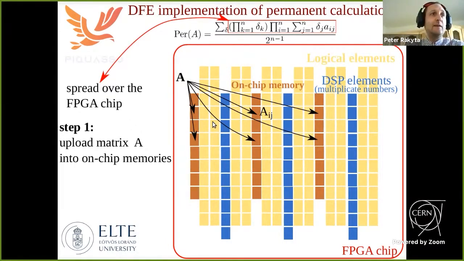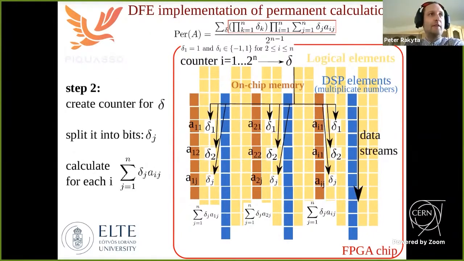In the second step, we create a counter for delta. Each bit of this number, which is increasing from 1 to 2 to the power of n, corresponds to one element in the delta vector, so for example, delta j. And we need to get these delta j signs to specific elements of the matrix.